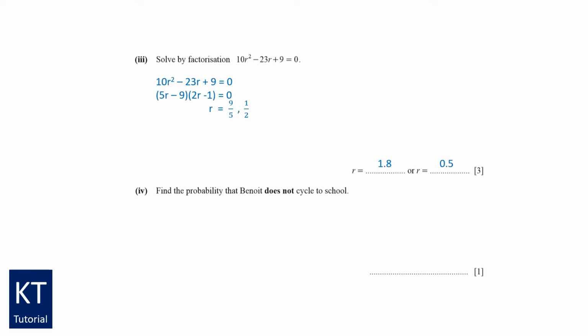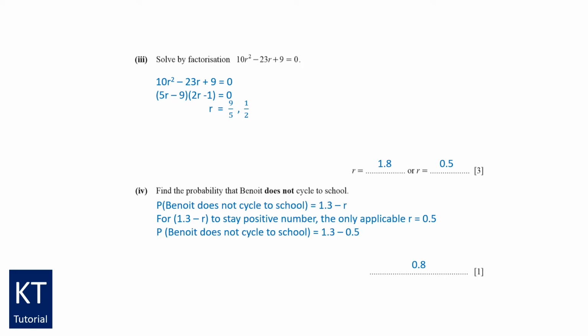Through factorization, r is 1.8 or 0.5. Next, find the probability that Benoit does not cycle to school. With probability only being meaningful as a positive number, the only applicable r is 0.5. This makes the probability of Benoit not cycling to school 1.3 minus 0.5.